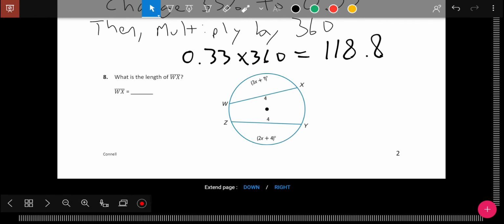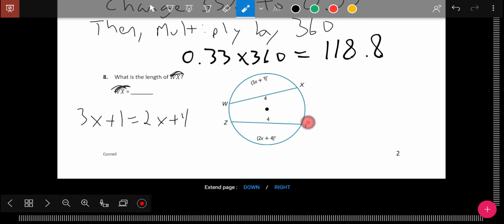All right. And if you were in class, I asked you to change this to arc WX. And I fixed that if you got it a little bit later. But right now, both of these should be arc WX. And so to solve that, I do 3x plus 1 equals 2x plus 4. Let's talk about why very quickly.